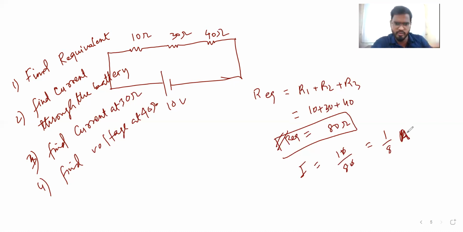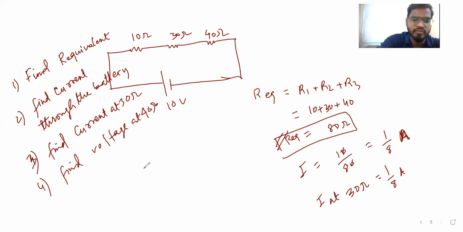Now they are asking current through 30 ohm. Current in all the resistors is going to be same because it is in series. So current I at 30 ohm is going to be 1 by 8 ampere only. Find voltage, the fourth. V is equal to IR.